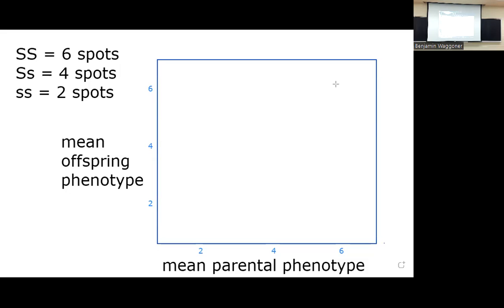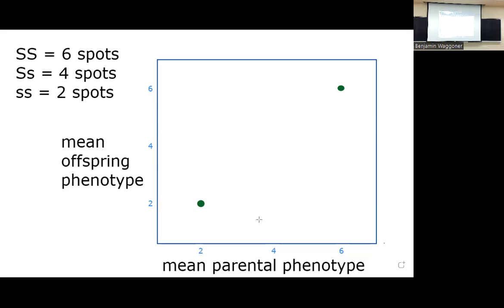So we can put a point right there. What if we cross 2 little s little s parents? What's the mean parental phenotype? It's 2. All of the offspring will have 2 spots. So we can put another point right there. All right, let's say we cross a big S big S and a little s little s moth.